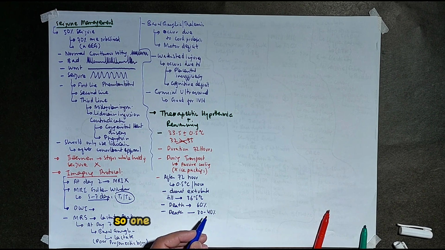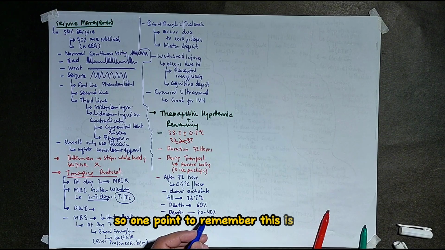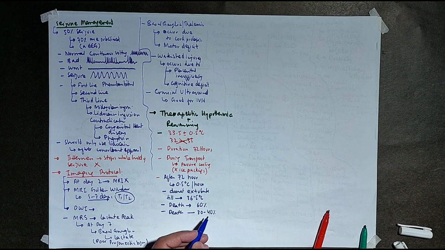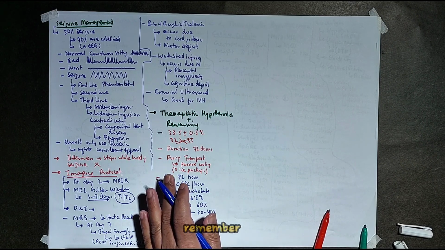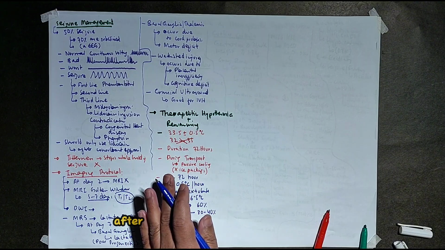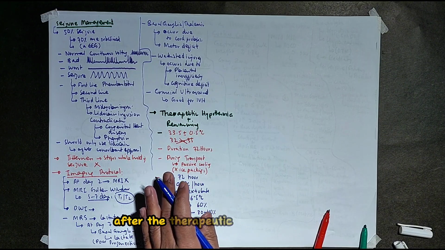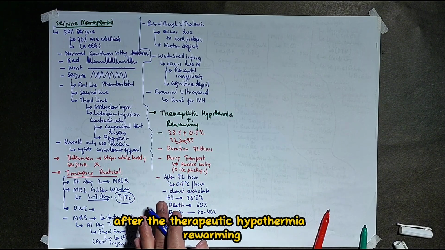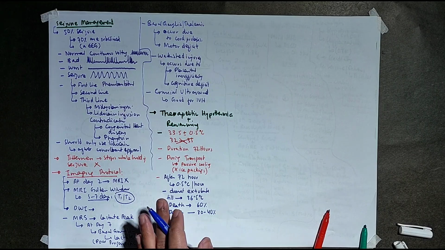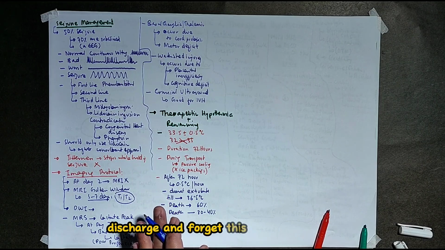So, one point to remember, this is a treatment, not a cure. It reduces the size of the stroke, but it may not erase it. Remember, after the therapeutic hypothermia and rewarming, you should not discharge and forget this baby's need.